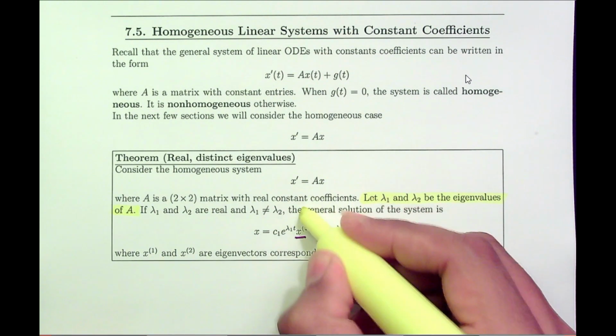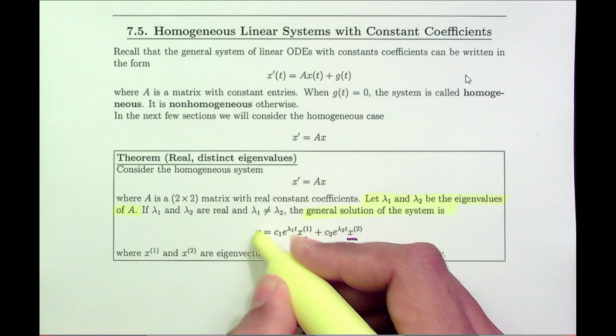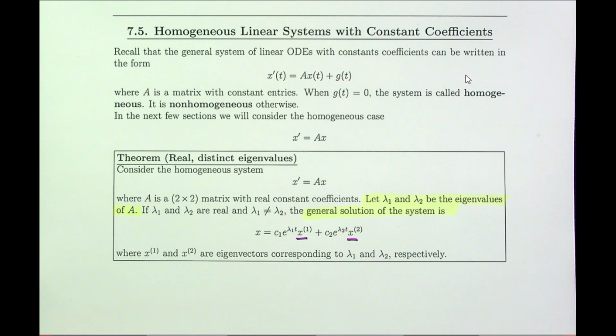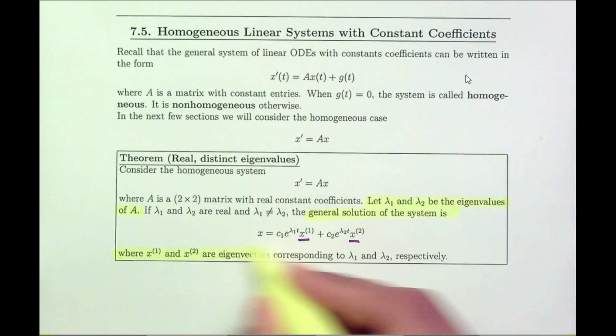The general solution is x equals c1 e to the lambda 1 t times the corresponding eigenvector plus c2 e to the lambda 2 t times the corresponding eigenvector. And that's it. That is the general solution.